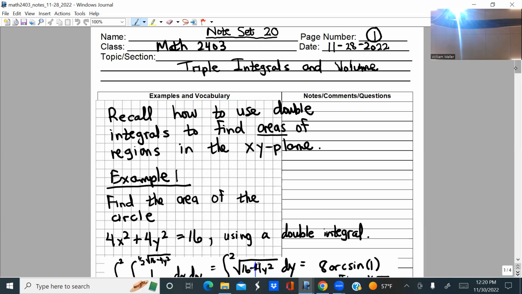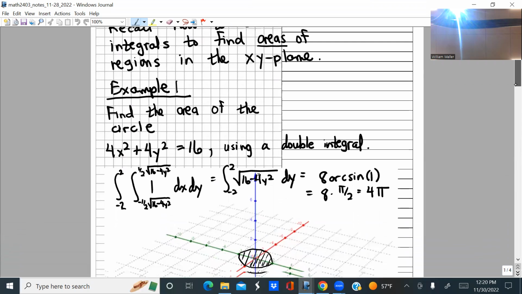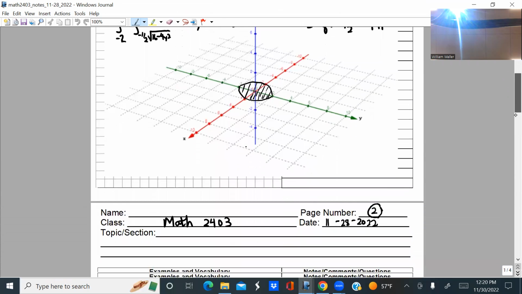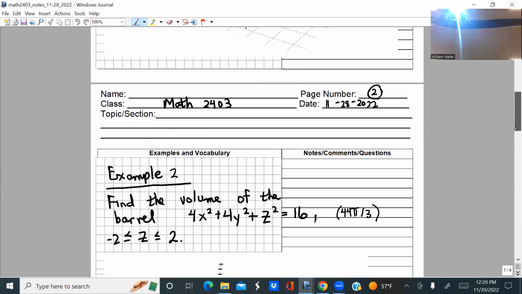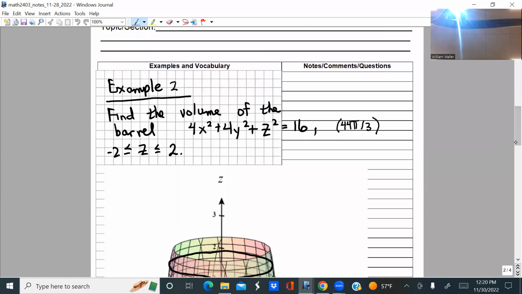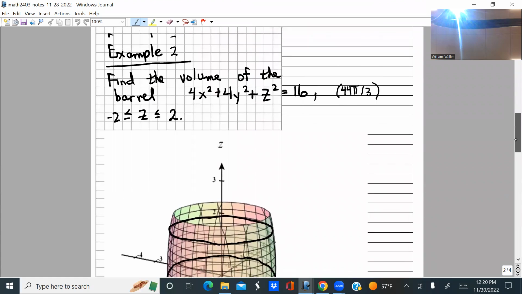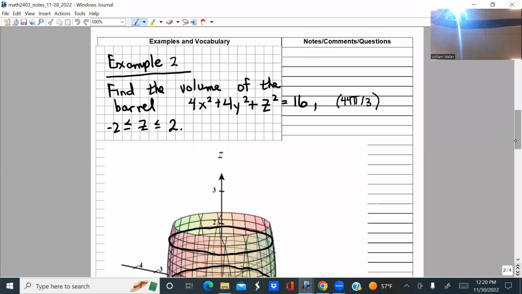The first one we're going to look at is a kind of complicated version of triple integrals. We're not going to try to evaluate the triple integral, but I'm going to show you how in certain situations it's easier to set up triple integrals.